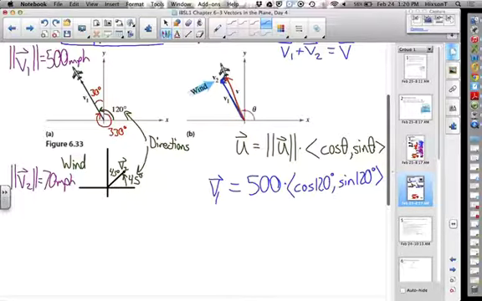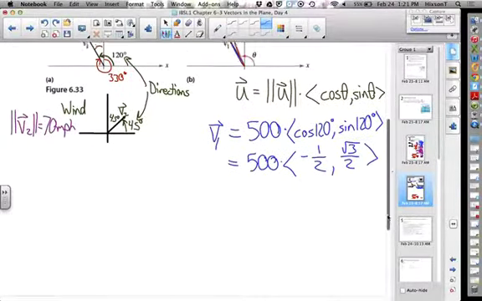Cosine of 120 is negative 1/2. We're in the second quadrant, so cosine is negative. And sine of 120 is root 3 over 2.